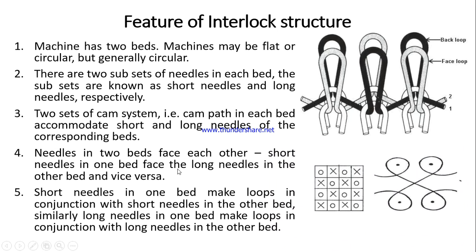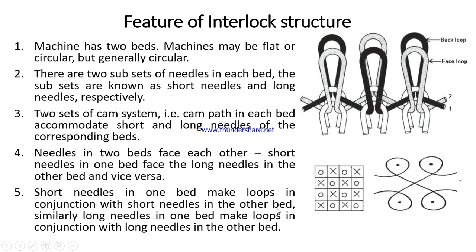Short needles in one bed face the long needles in the other bed. The short needles in one bed of the interlock knitting machine face the long needles of the other bed. That means the short needles of the cylinder will face the long needles of the dial and vice versa. Short needles in one bed make loops in conjunction with the short needles in the other bed.